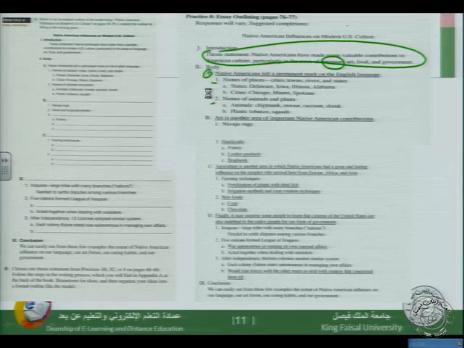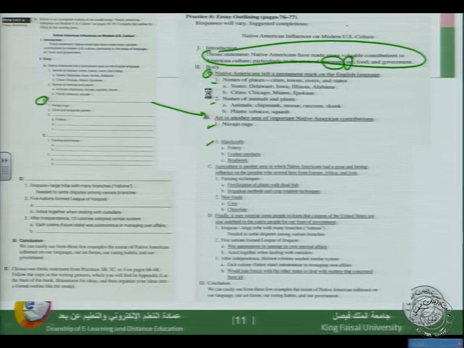And in the second one right here, you mention something about the art: art is another area of important Native American contributions. Then you mention what kind of arts, for example, the rugs and the handicrafts. So we've covered the art.